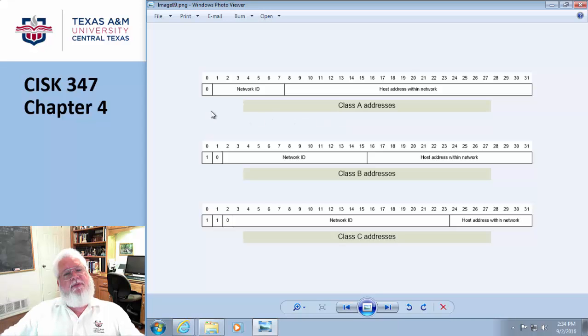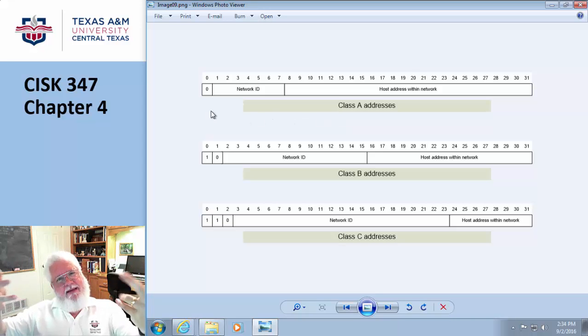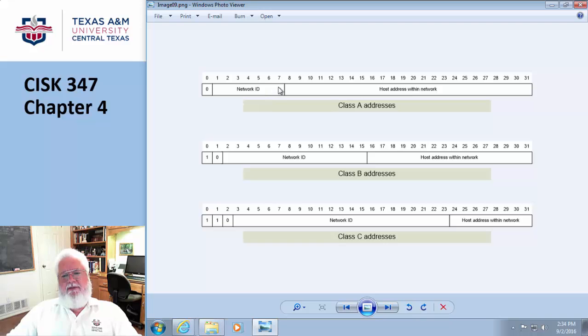So there's a thing called a Class A network. And so what they did, they basically broke it up into, remember the dividing line between the network and the host? And I told you that you can move that dividing line. So a Class A has the dividing line moved way over here. Okay. So what that basically means is there's 7 bits left over, so using this scheme, I can have a total of 128 networks.